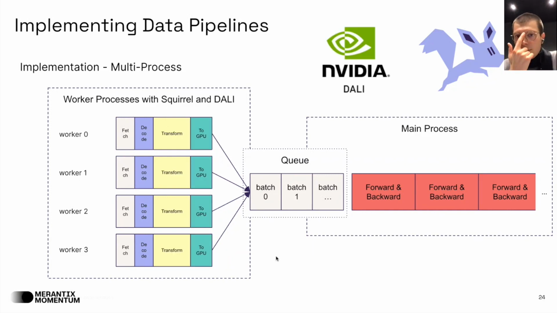Dali, which is a framework by Nvidia, helps you in speeding up these transforms by computing them on the GPU. You can also do them on the CPU.